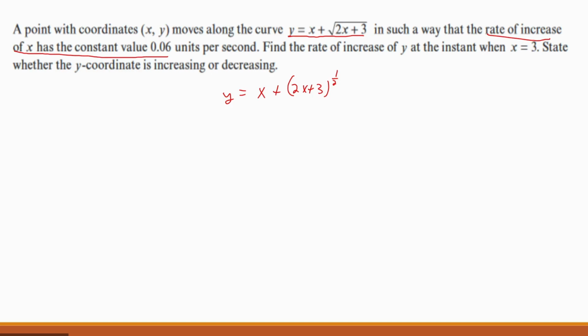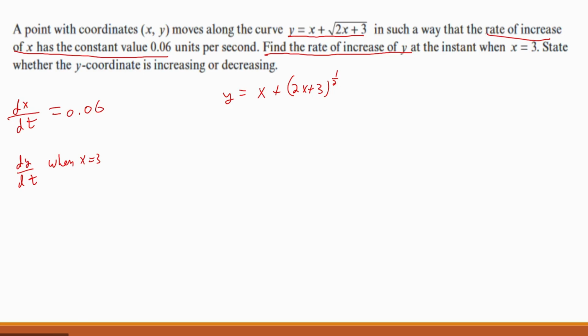As we know, it says the rate of increase of x, so this means it is going to be a positive value and it is going to be dx over dt is equal to 0.06. Now find the rate of increase of y at the instant when x is equal to 3. We are supposed to find dy over dt when x is equal to 3.